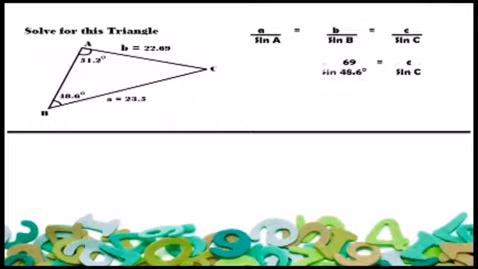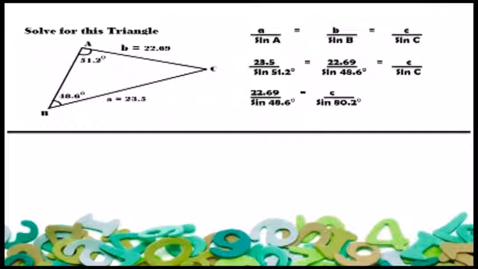Since we have the value of side b, we will now solve c over sine C. You can use either a over sine A or b over sine B. We will use b over sine B, which is 22.69 over sine 48.6 is equal to c over sine 80.2. Why sine 80.2? Because we have the values of angles A and B. Just add them and subtract from 180 degrees.